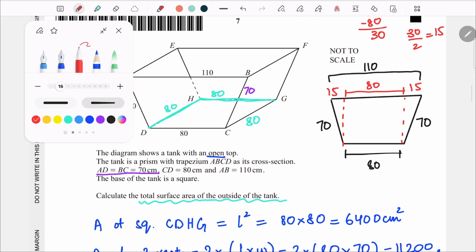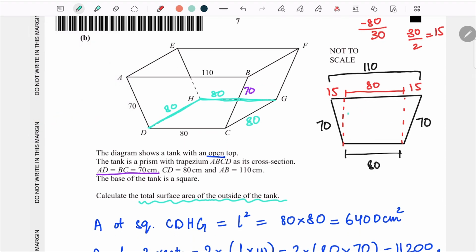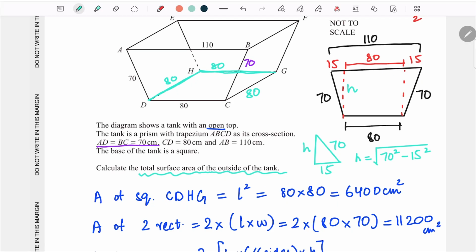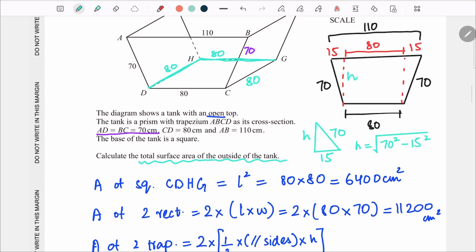If I need to find the height, I'm going to label this the height. If I draw this triangle separately, the height is going to be this part, this diagonal part will be 70 and this will be 15. So the height will be equal to the square root of 70 squared minus 15 squared, because I'm using Pythagoras theorem.